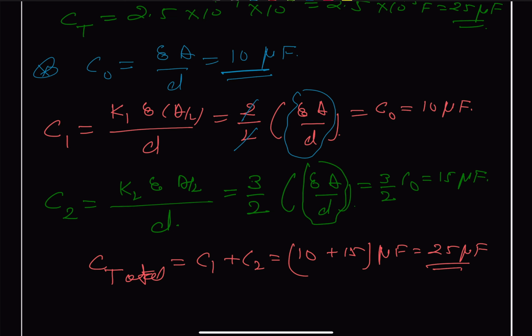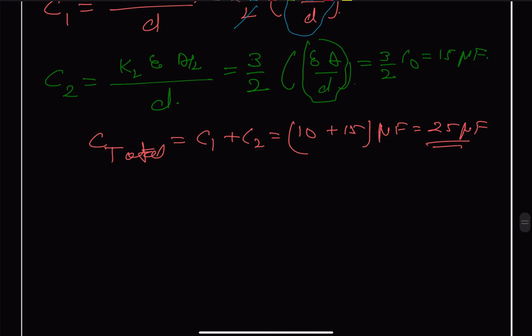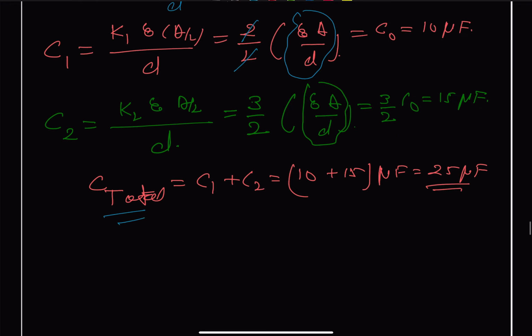So one thing we have verified is that the total capacitance comes as 25 microfarad, and here also we are getting the total capacitance with respect to the given capacitance of C naught as 25 microfarad. Okay, so this approach is going to provide us a correct answer.